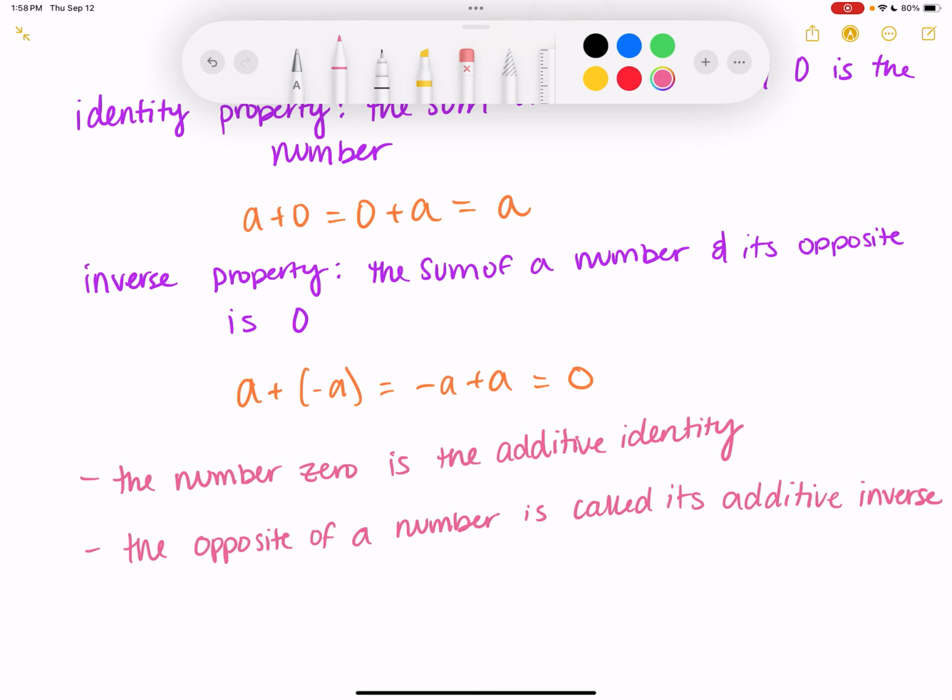Ultimately, when we do this with multiplying as well, we'll have a multiplicative identity and a multiplicative inverse, so that's why I'm pointing out that these are the additive identity and additive inverse, because it's different when we get into that.